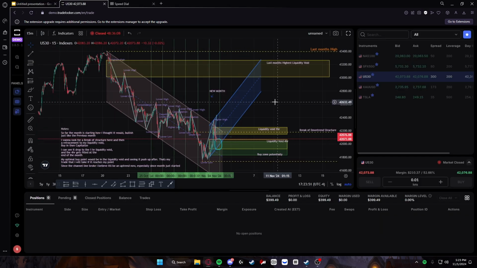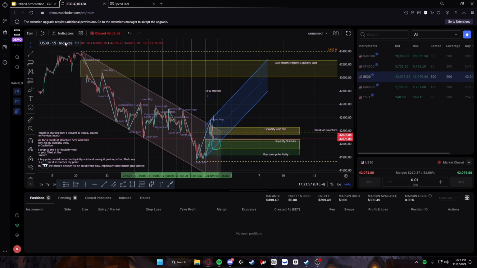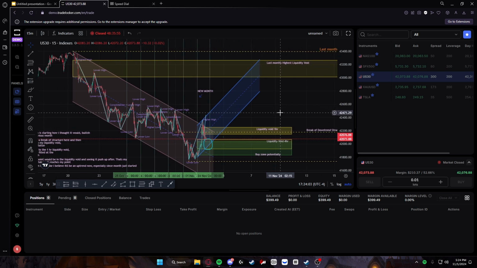So, new month on US30. And this is a great month. I'm starting to see something, and it's already started on the new month.